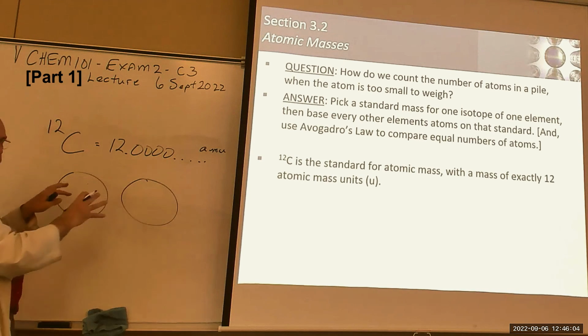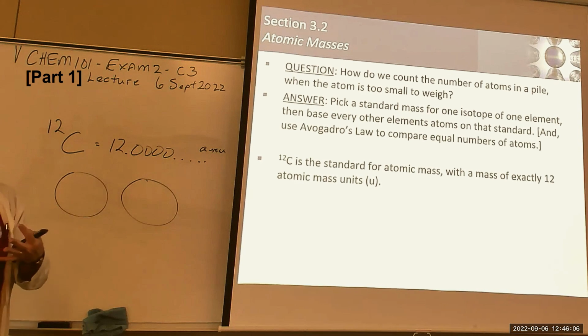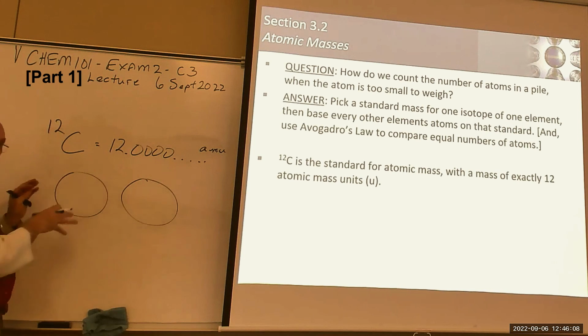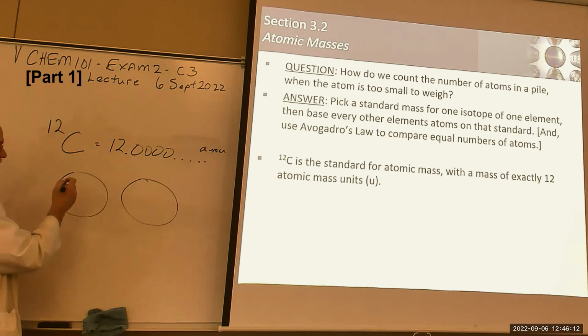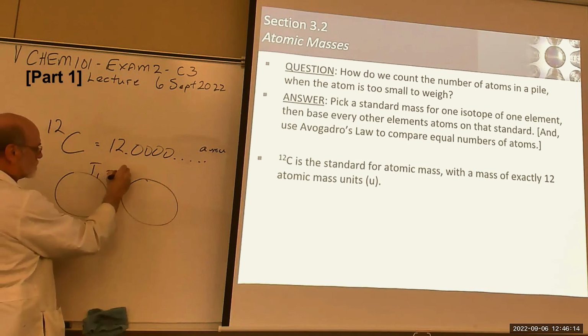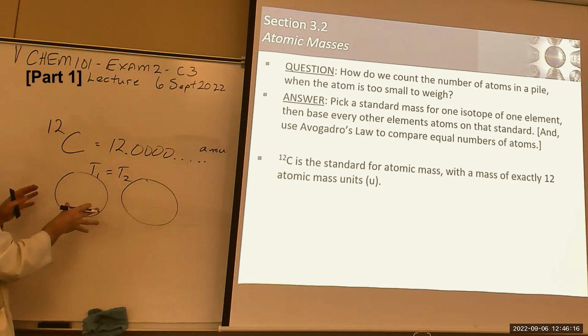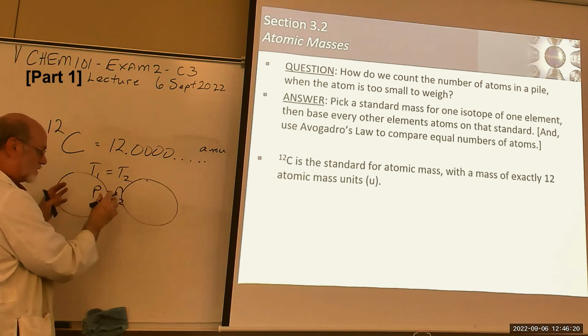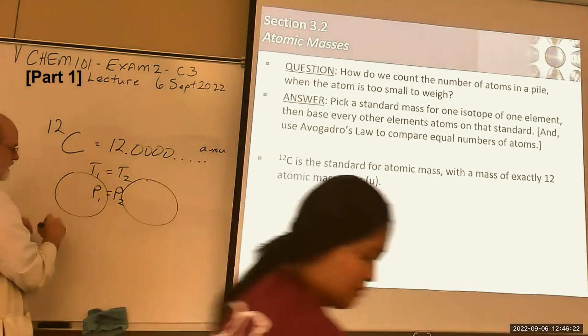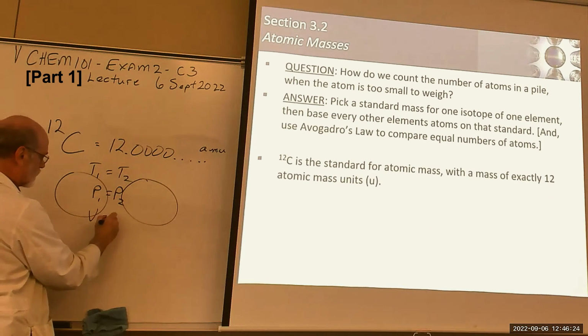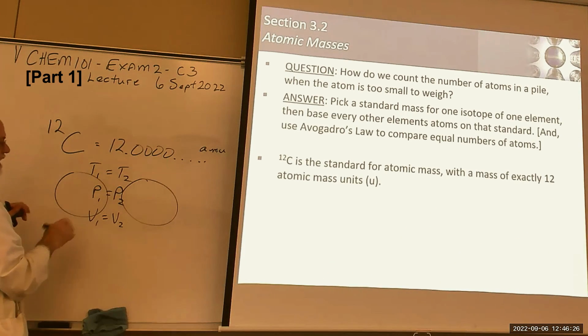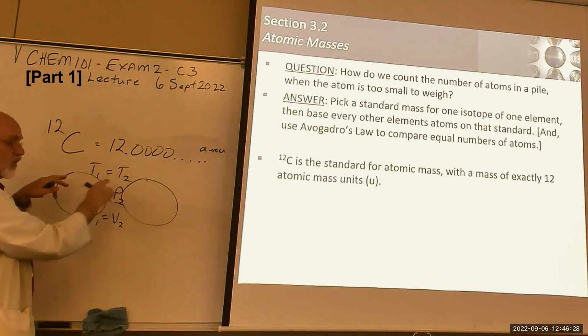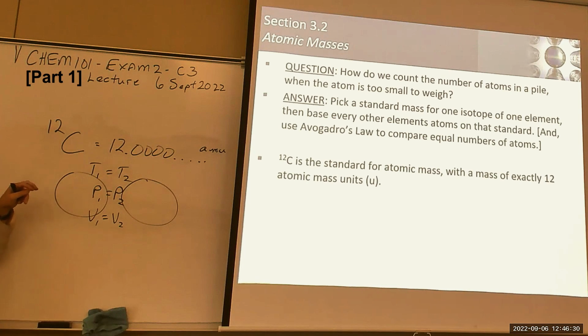So if you have these two equal volumes, this is what Avogadro said. And they're filled with gas. And it doesn't matter what the gases are. If the temperatures are equal, and the pressures are equal within each container, and the volumes are equal, then the number of particles in each one are exactly the same.